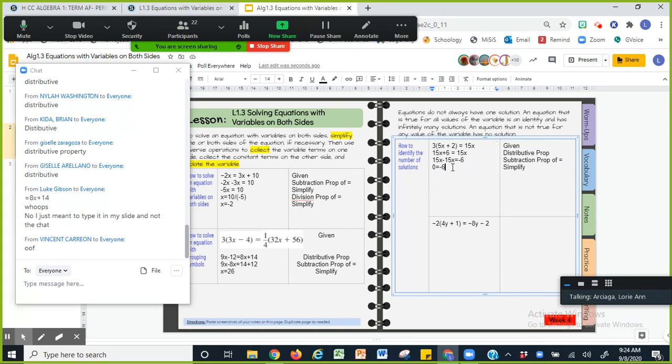So what does that mean? If you come up with a false statement, for them to be equal they have to be exactly the same on both sides. So that means the equation has no solution.